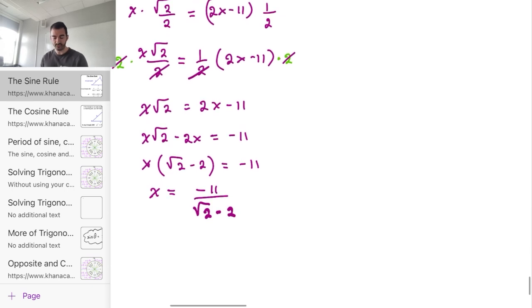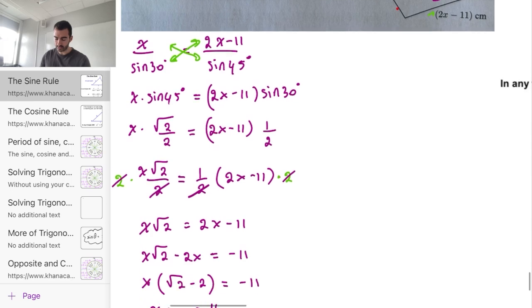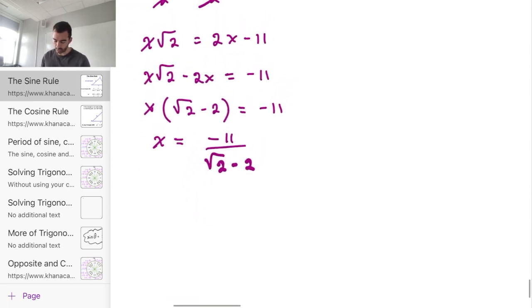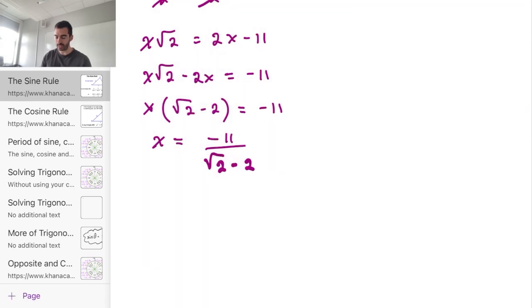Now, I found x, however, it is not in this form over here. What I can see here is that I would like to rationalize my denominator. And how do I do that? I do that by multiplying both numerator and denominator by root 2 plus 2 divided by root 2 plus 2, because whatever I do with the numerator, I do with the denominator.